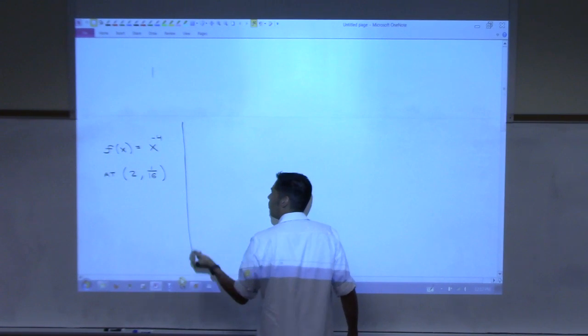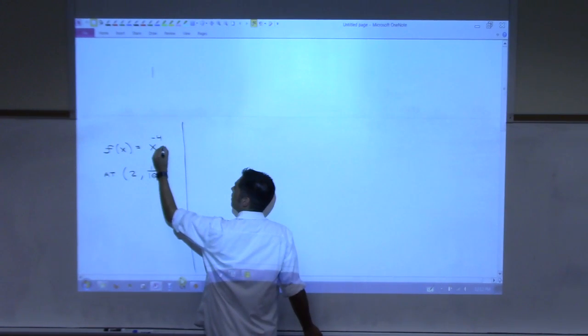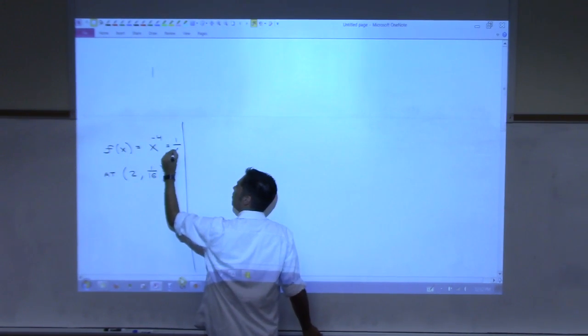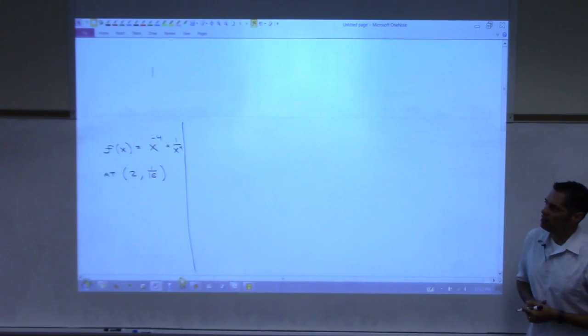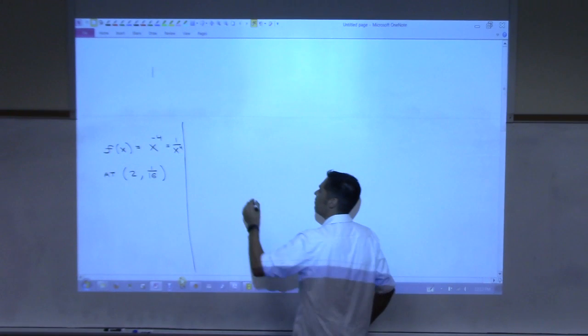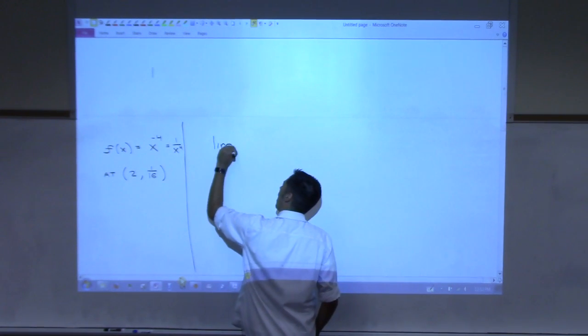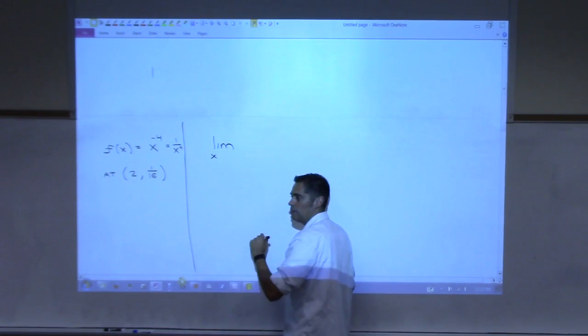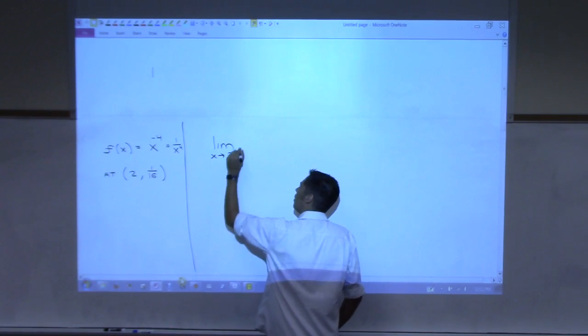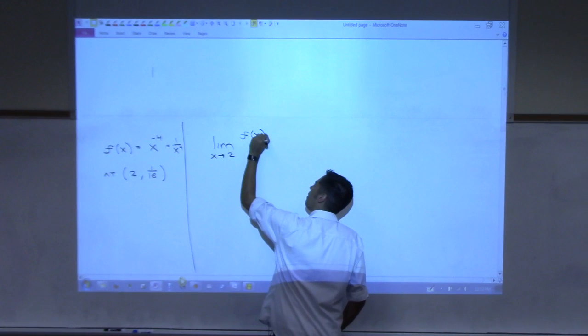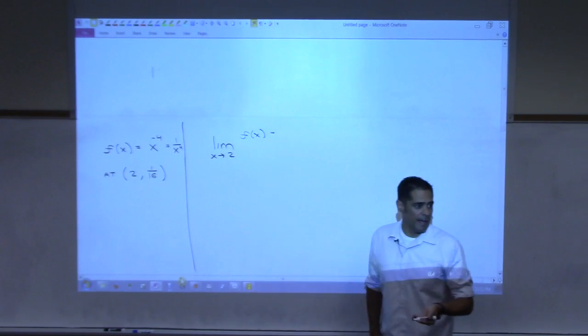All right. Well, first, can we all recognize that x to the negative 4 is 1 over x to the 4th? Yes? Let's start with that. Now, let's try the other formula. I'm going to have the limit as x approaches a, right? What's a? 2 of f of x minus f of a, right?